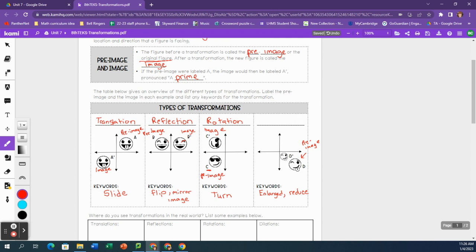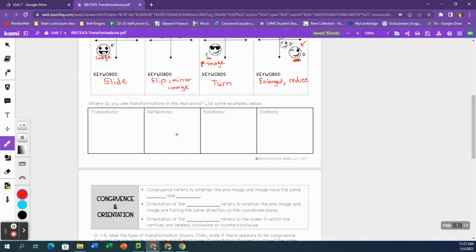So if I asked you what happened, you wouldn't say it enlarged, because this is the original image. You would have to say it reduced, but that's called a dilation. And then this is the image. We're not going to worry about doing any of this, so don't worry about that.